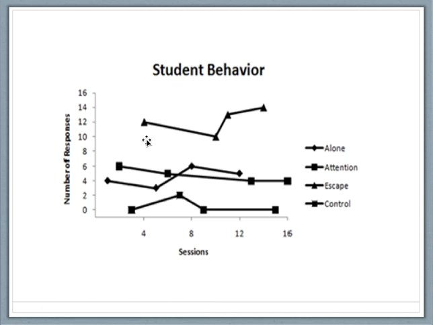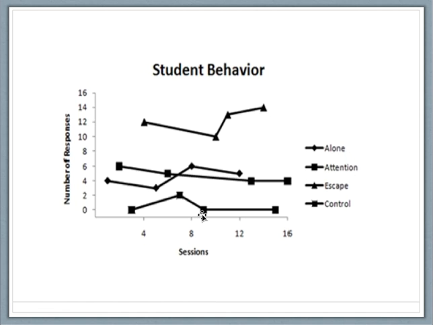However, you can see that the behavior responded best to the escape condition, because you see that there is a higher number of responses during the escape condition or the escape intervention versus, for example, during the attention condition or the attention intervention.